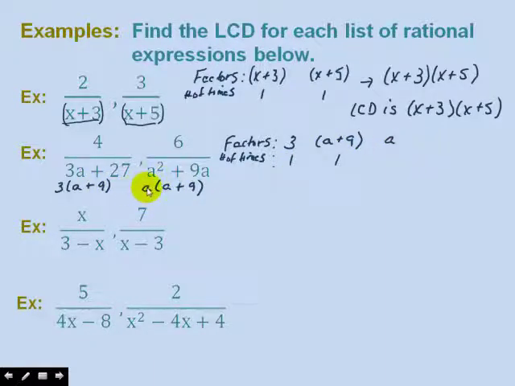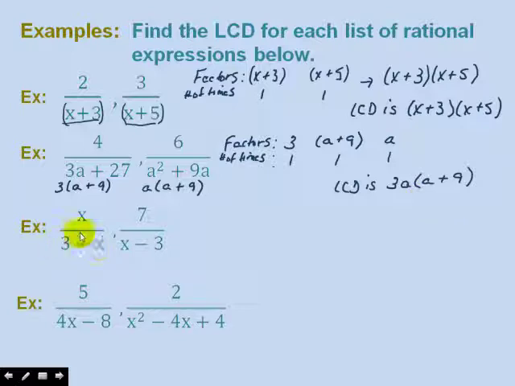And the a only occurs once in this one denominator. So that means our LCD is just going to be the product of these 3. So it's actually going to be 3 times a plus 9 times a, and we can write it in a little bit nicer looking form just by writing it as 3a times the quantity a plus 9.